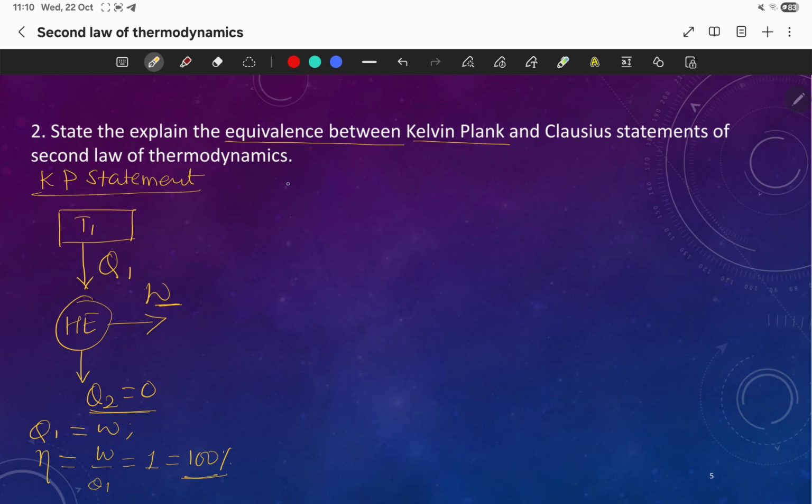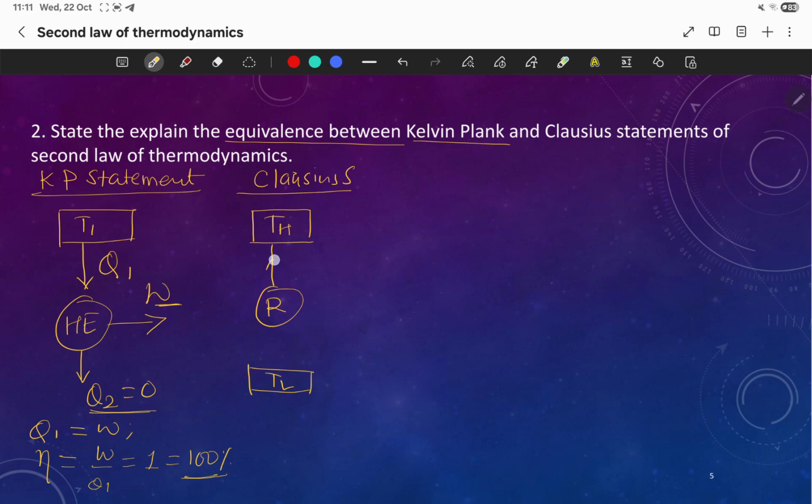Okay, similarly we have the Clausius statement. This is for a refrigerator. So what it says, we have TH and here we have a refrigerator cycle and here we have TL.